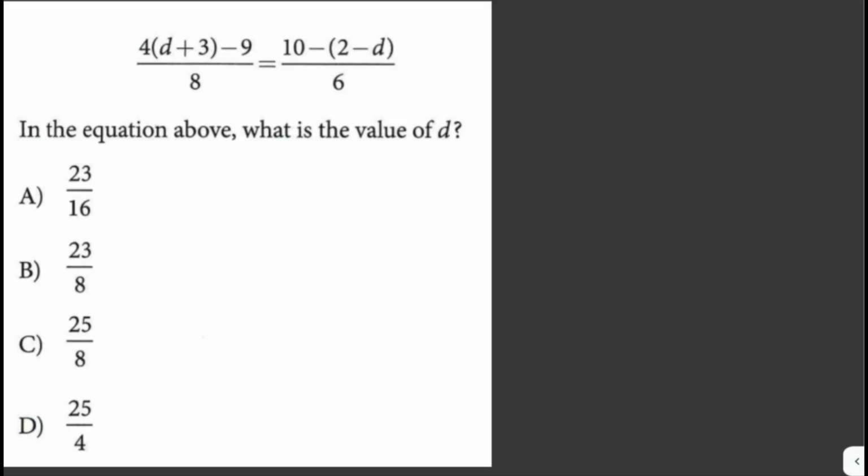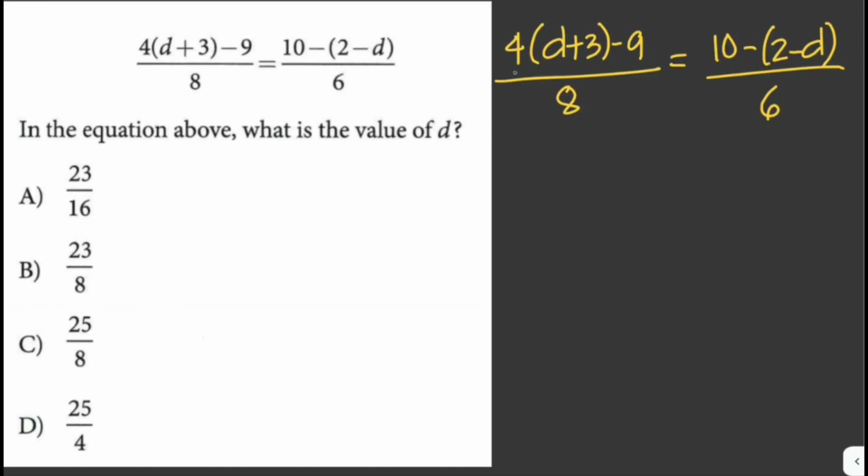In the equation above, what is the value of d? Okay, in this case, we can either cross multiply the expression to get rid of the denominators, or we can simplify each of the numerators first. So let's do that.